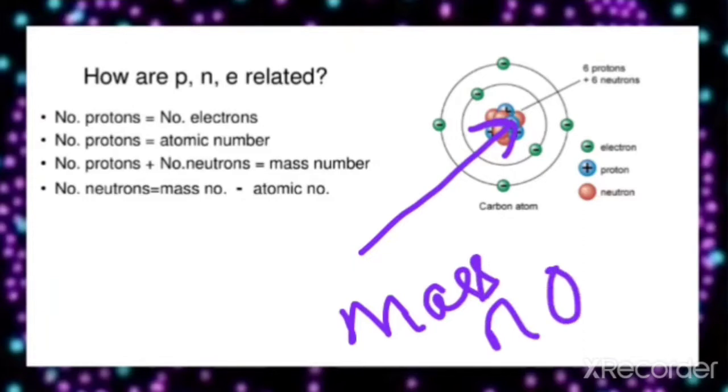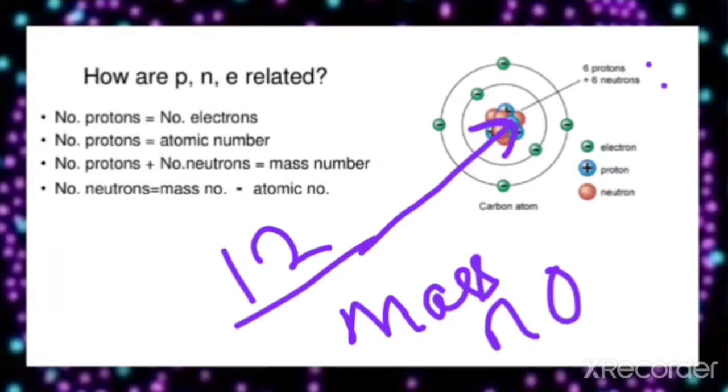In the case of carbon, there are 6 protons and 6 neutrons present in the nucleus. So what will be its mass number? You have to make the sum of it. That is 12, the mass number for the carbon atom.